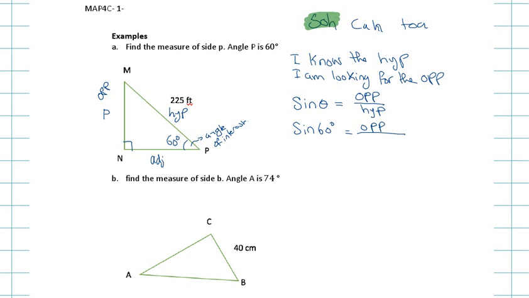Now, if I'm looking for the top, what do I have to do? How do I solve for it? Cross multiply. So the opposite equals 225 times sine 60.